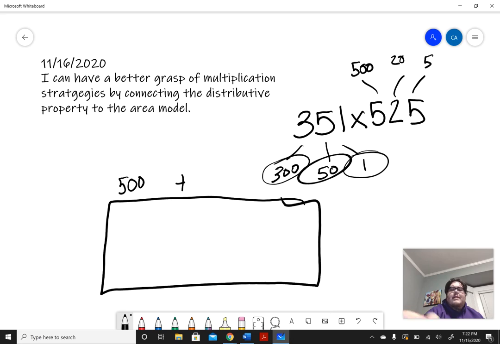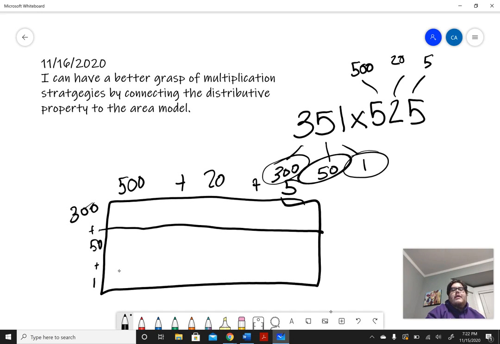You all know this. This is what we did last week, right? This is what we spent the end of last week doing. Now I have 351. So I'm going to write 300 plus 50 plus 1. All right. Draw these over and down.